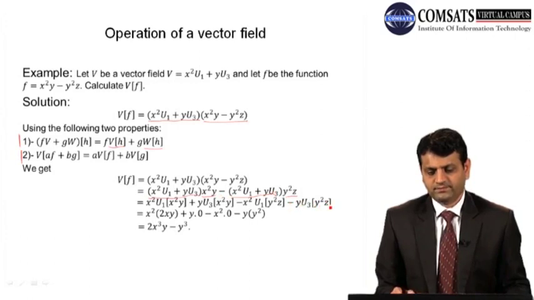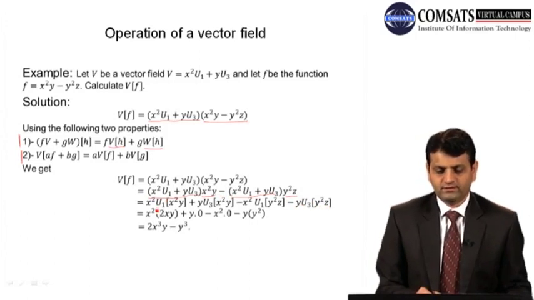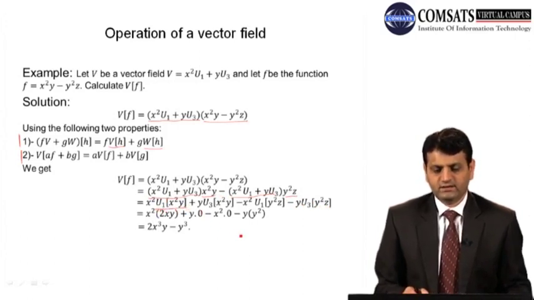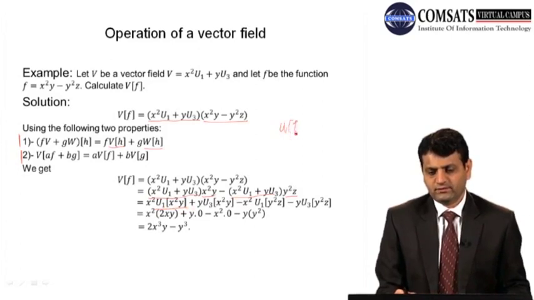Now we calculated that the operation of the vector field u1 on any function is just partial f by partial x. So we replace this by partial x of x squared y, which is 2xy.